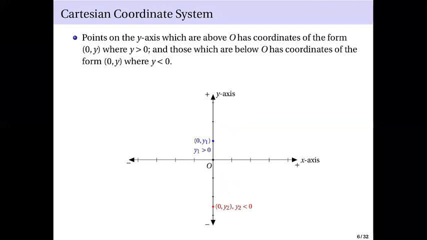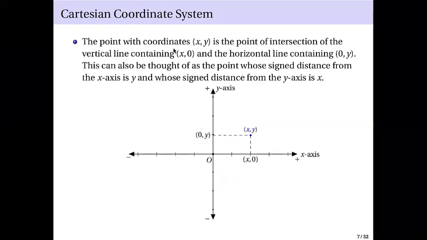And now we have the following. The point with coordinates x comma y is the point of intersection of the vertical line containing x comma 0, for instance, this x comma 0 in here.